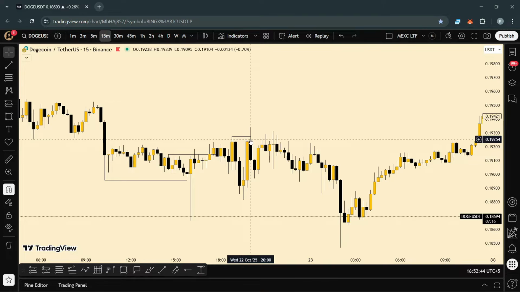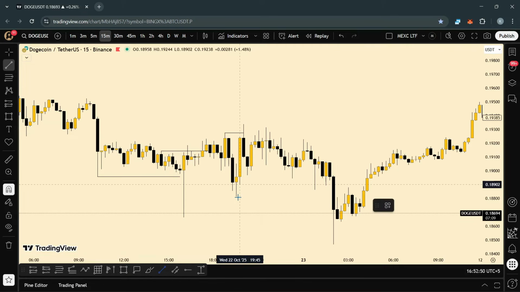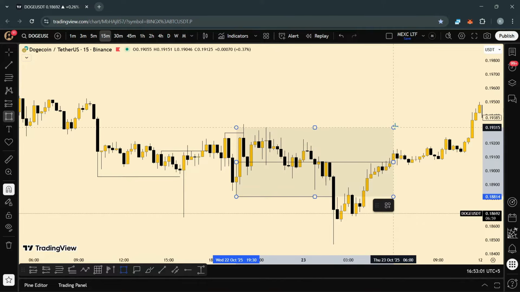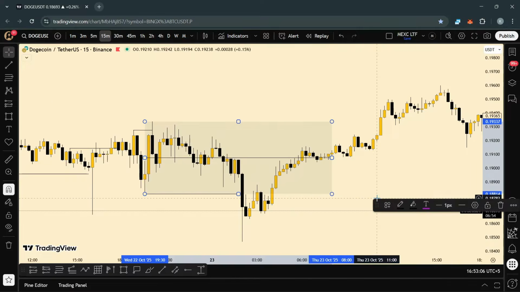So you raid the high. This is a raid on the high, right? And then what do we do? We close below. So this also becomes a glitch, which we lose.